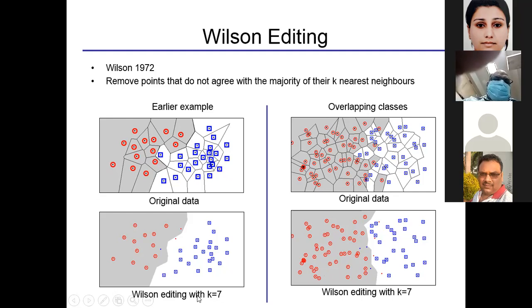In Wilson editing, k equal to 7 is considered here and k equal to 7 is considered here also. After that, we'll have a decision boundary. All these functions are available in MATLAB. You can directly use them to draw the graphs and the editing functions. These functions are also available in R. I don't know about Python, but maybe these functions are available in Python as well.